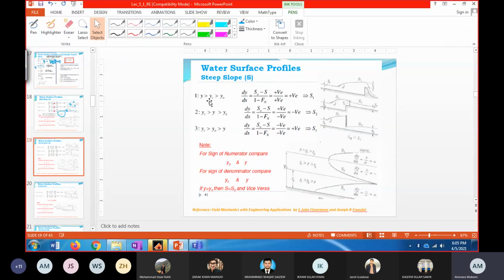So in this case, what about S and S naught? Whether S naught is greater than S or less than S? Greater than S. So that's why the numerator would be positive. And what about the Froude number here, whether the flow is supercritical or subcritical?